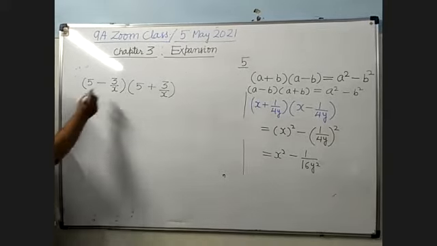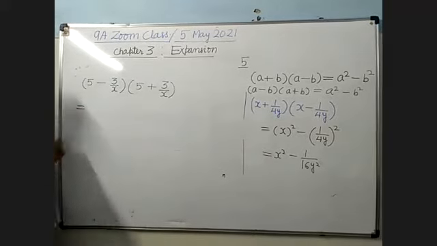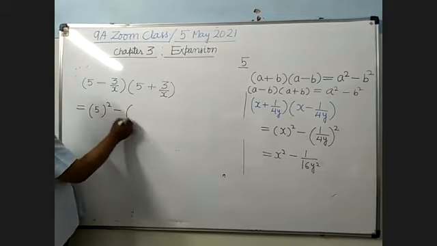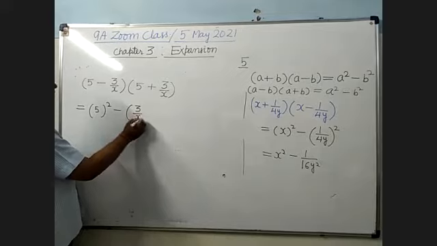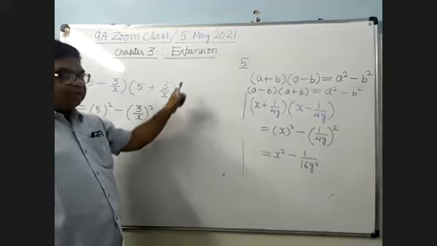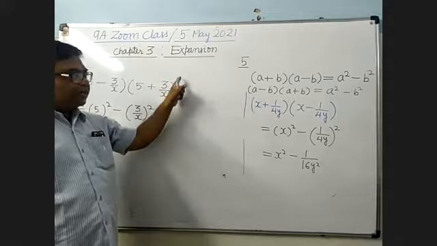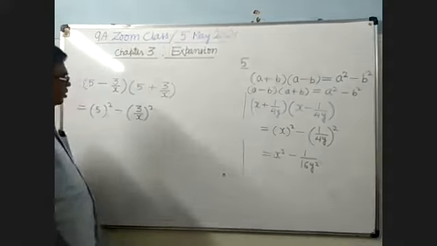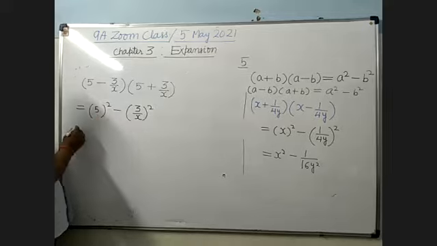So see here. What is in place of a here? 5. And in place of b? 3 upon x. So it will be 5 square minus 3 upon x whole square. And you will mention the formula also. While you solve, you will write the formula also. It is clear? Here I have not written because it is written there.